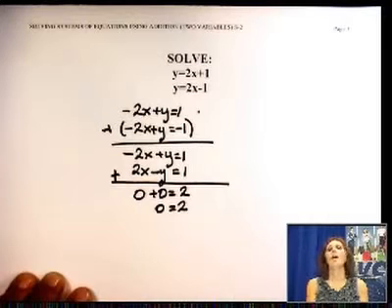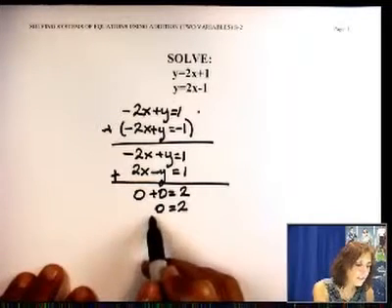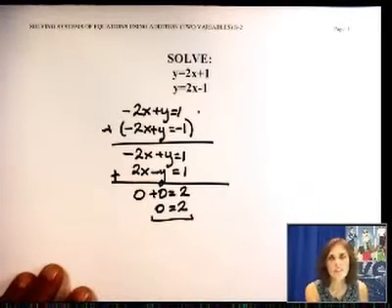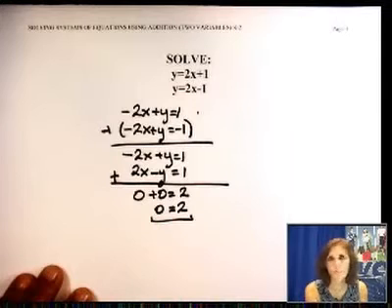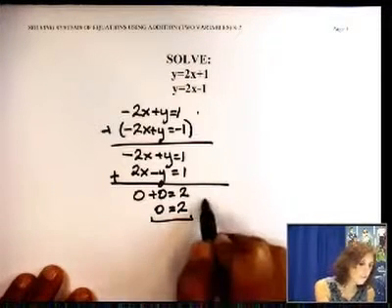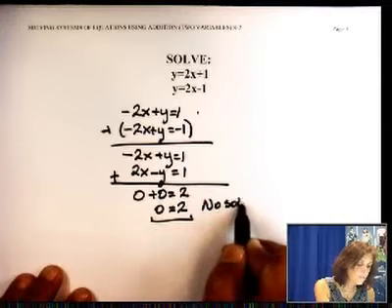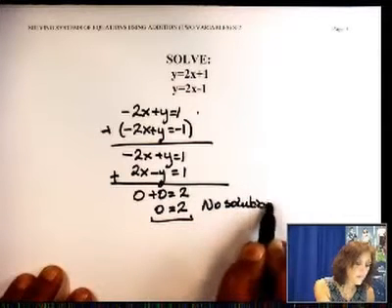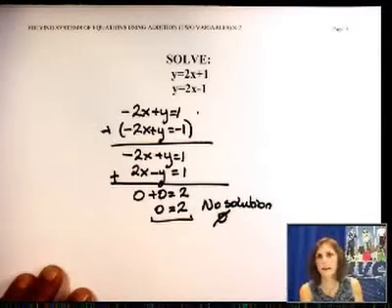What does that mean? What that means is the left and the right don't match. And there's nothing on earth you can do to make them match. So there is no x and y. So, no solution. Or you can put the empty set.